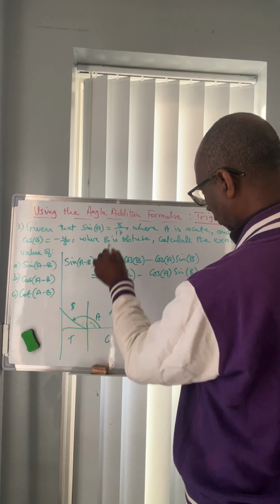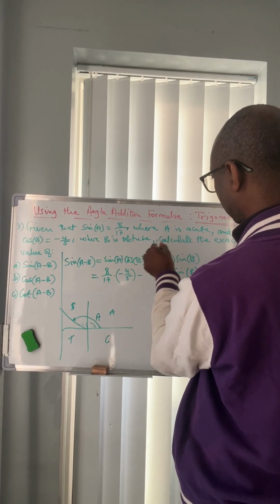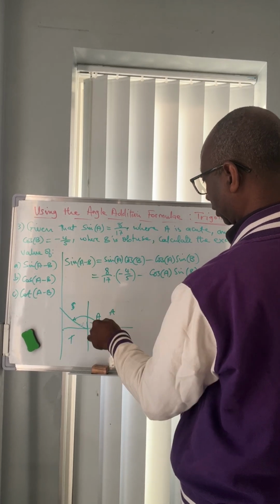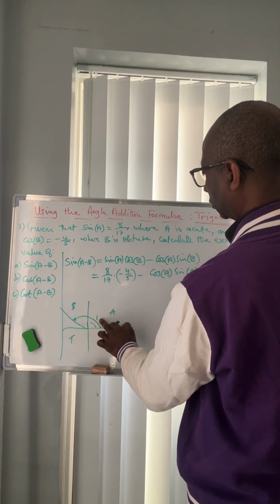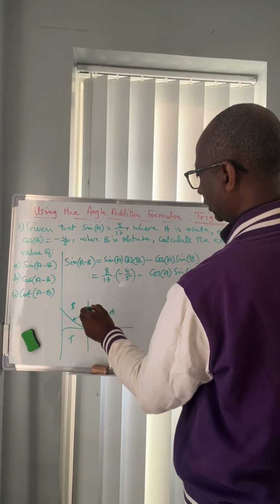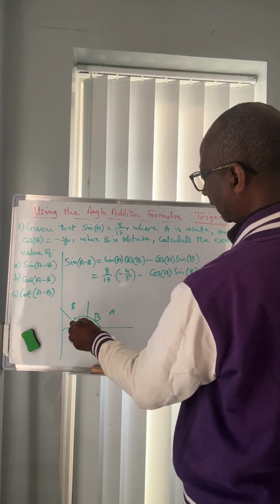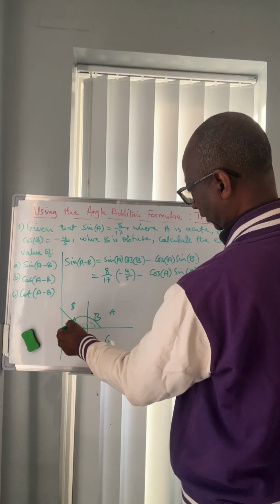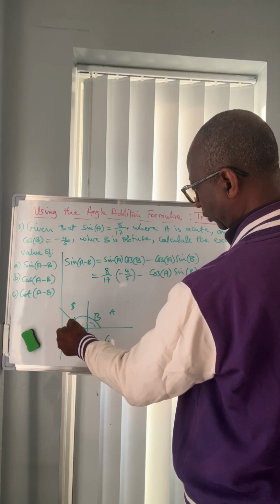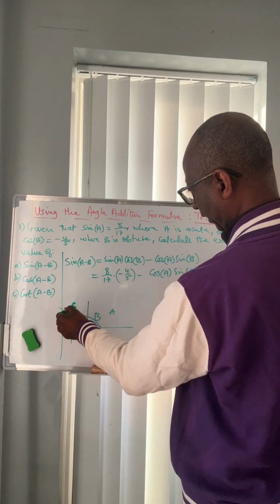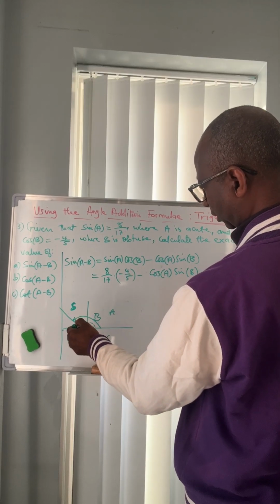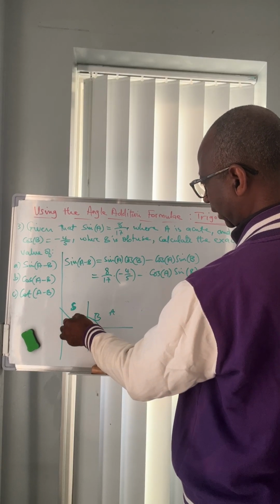The second quadrant, where this obtuse angle B falls, only the sine is positive, not the cosine. So the cosine is negative here.